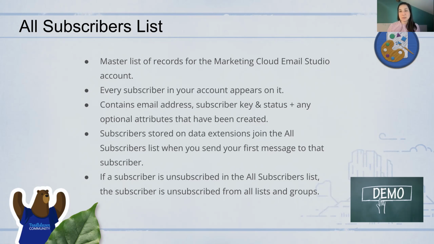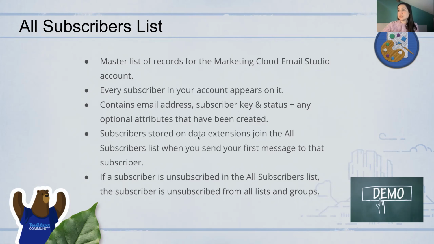And each time that you send to an individual within that studio, then your subscriber is going to appear on the all subscribers list. It is going to mandatorily in Email Studio contain the email address, subscriber key, and status. So that's going to be the opt-in status, whether they're opted in or opted out, and any additional attributes that we decide to create. So we'll see why and how we can create those in just a bit.